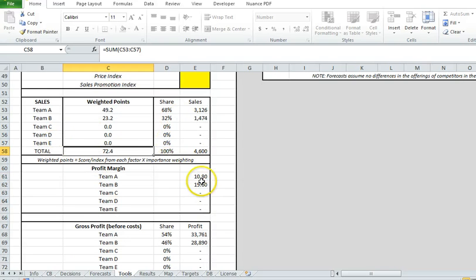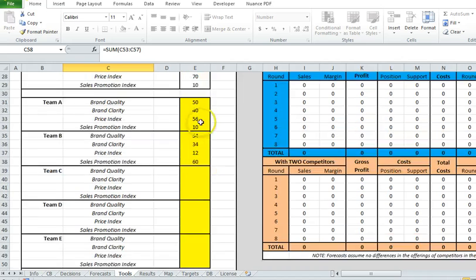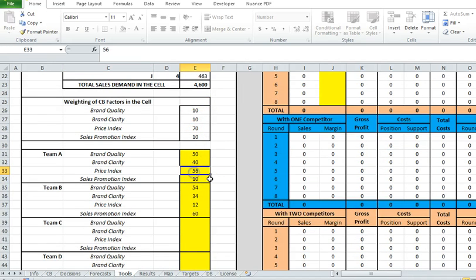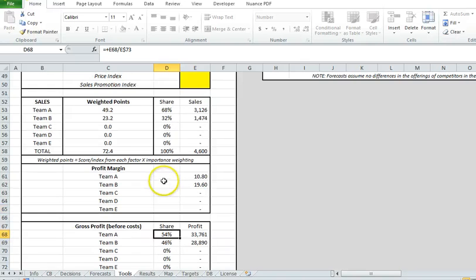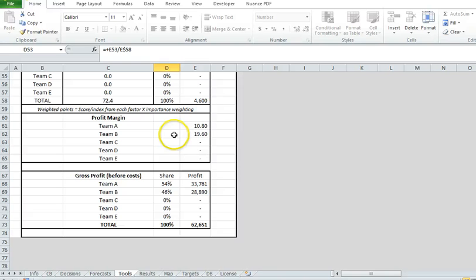Okay, we also pick up the profit margin, which is coming from that index which we've entered, and we can actually see the profit, and we can actually see the market share of profit rather than sales. So market share of sales, we're at 68%. They have a much bigger margin than us, so therefore they catch up a little bit in revenue, or quite a bit in revenue, and that's their revenue market share.